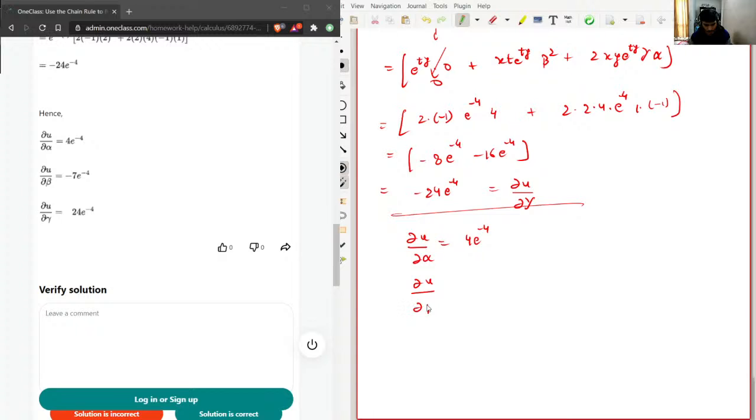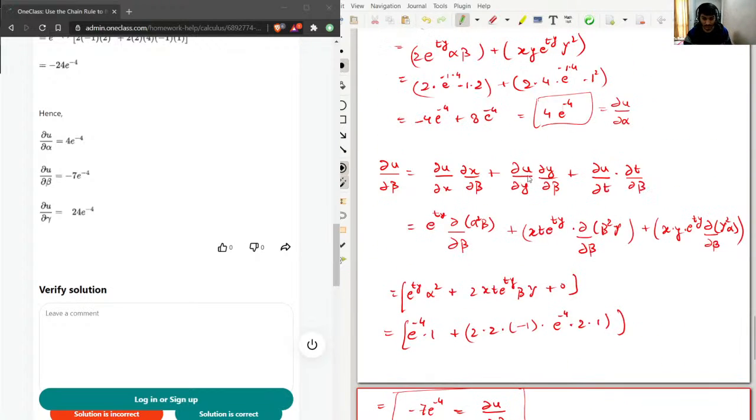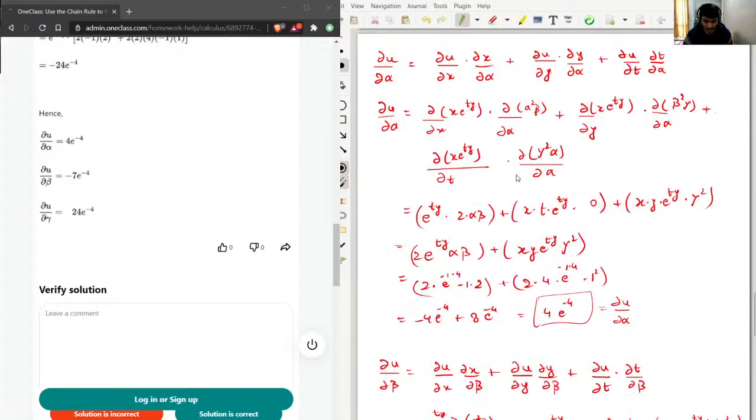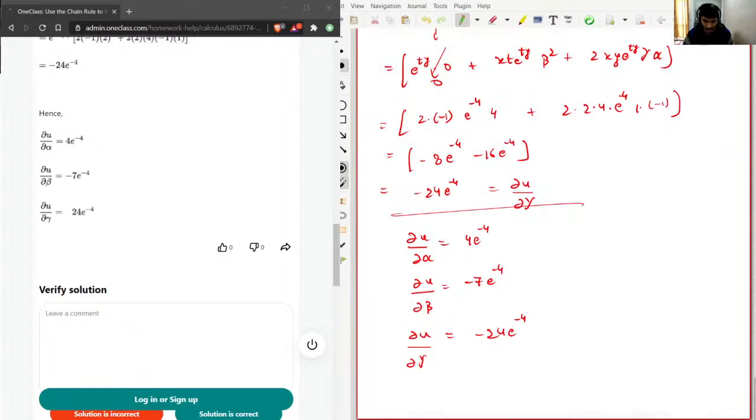Del u over del beta was negative 7 e power minus 4, and del u over del gamma was negative 24 e power minus 4. Seriously, this was a very lengthy question. It took around 2.5 pages.